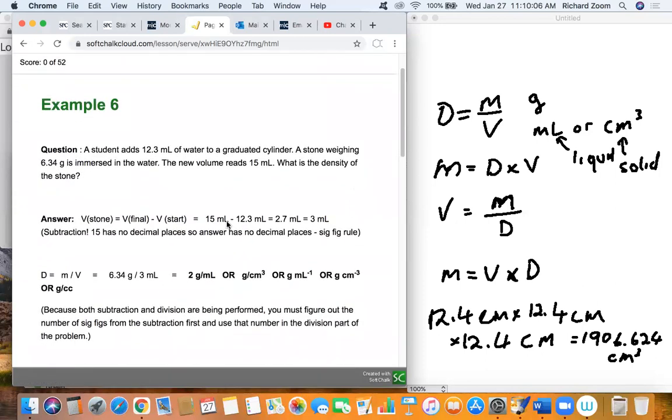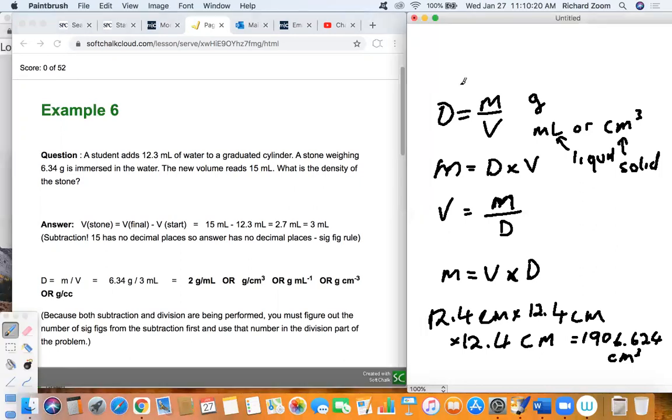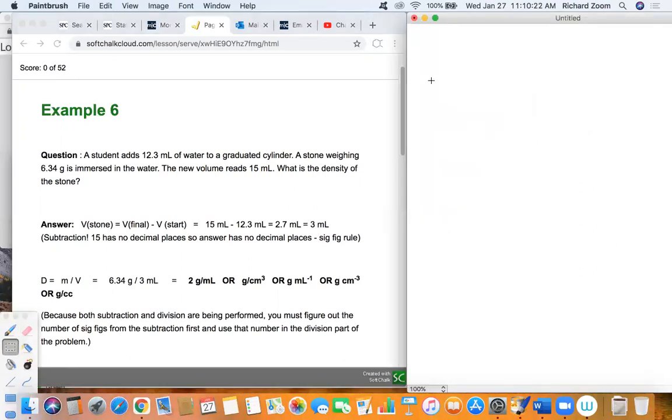Now contrast that with this kind of question where we've got 12.3 milliliters of water in a graduated cylinder. We put a stone in there and the volume reads 15 milliliters. Now in this instance, we're dealing with a subtraction in order to get the volume first.